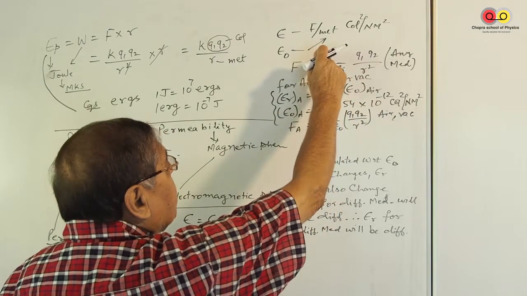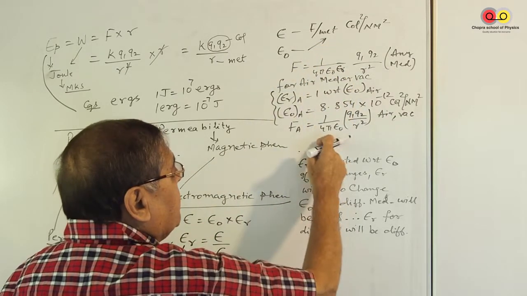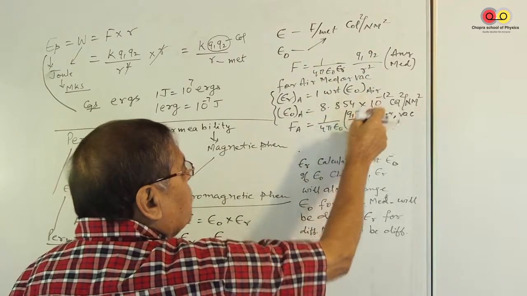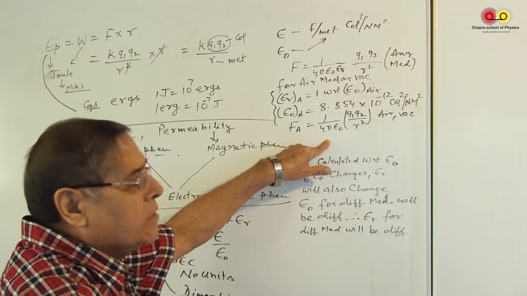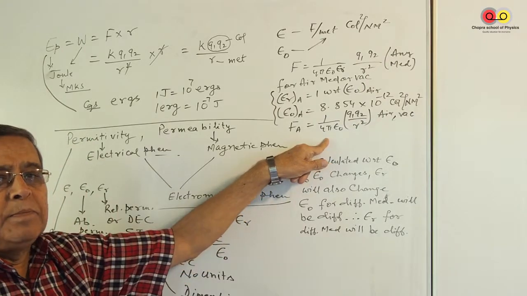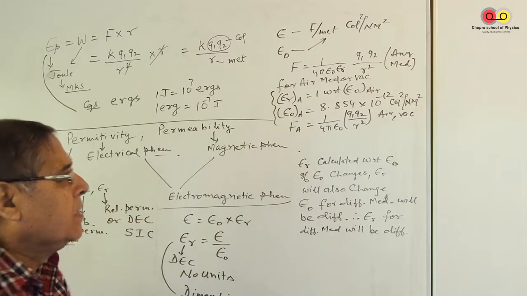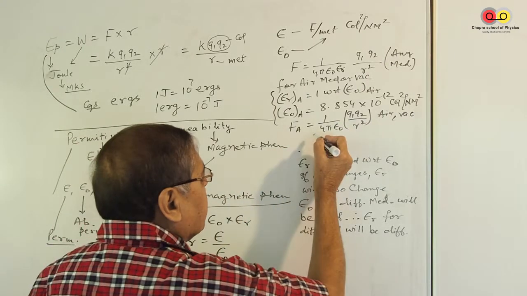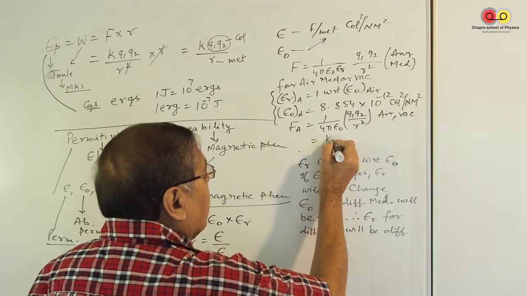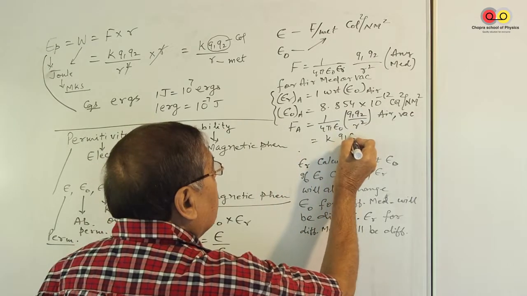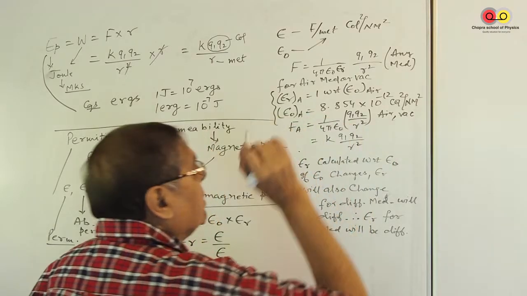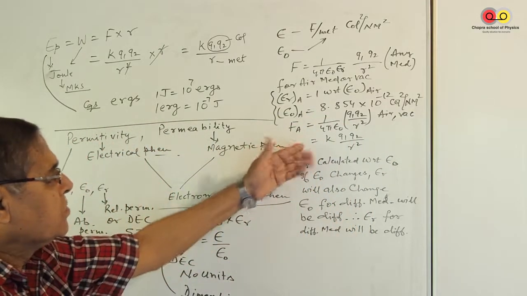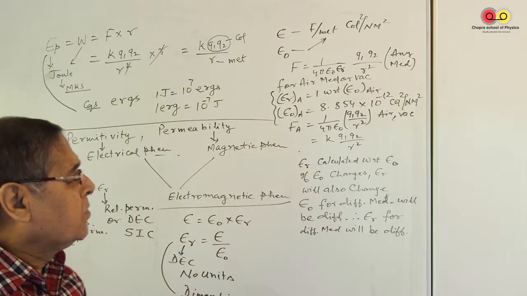The formula will reduce to 1 by 4 pi epsilon naught into Q1 Q2 by r square. And this number we have already calculated, 9 into 10 to the power 9. That is K. So this number is generally taken as K multiplied by Q1 Q2 divided by r square, and K is 1 over 4 pi epsilon naught.